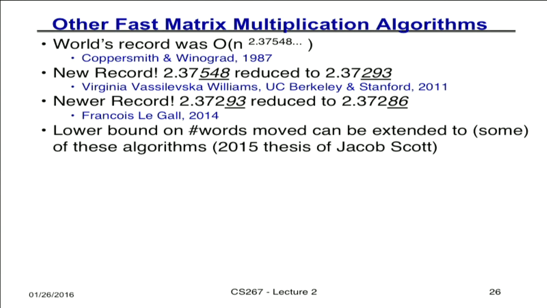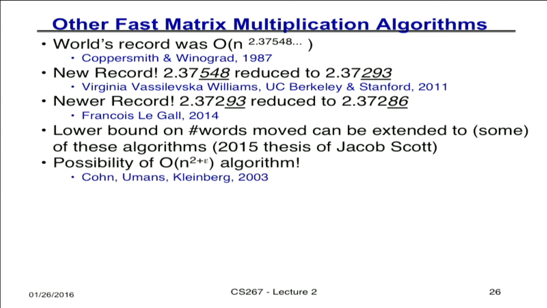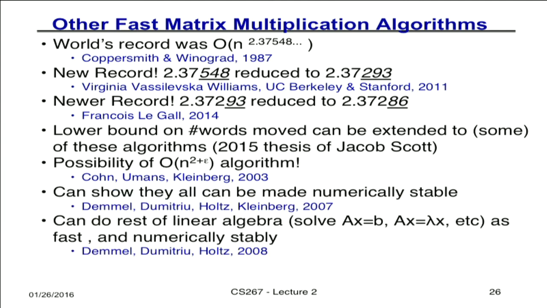They can also bound the number of words of memory traffic, and there's a thesis from 2015 on the data movement of these things. We can't do any better than O of n squared, right? Because you have to read the matrices in order to compute something and write the matrices. But there's a paper that says there's a possibility of something that is O of n to the 2 plus epsilon.